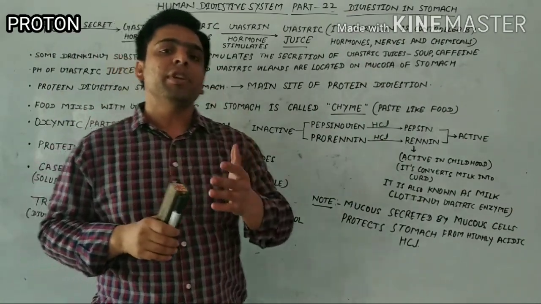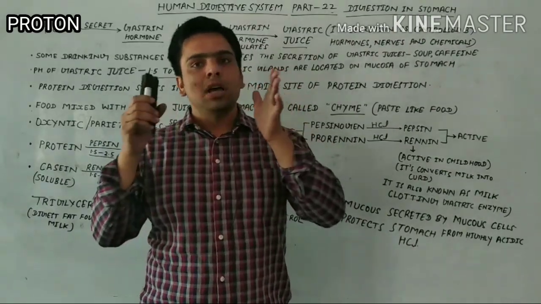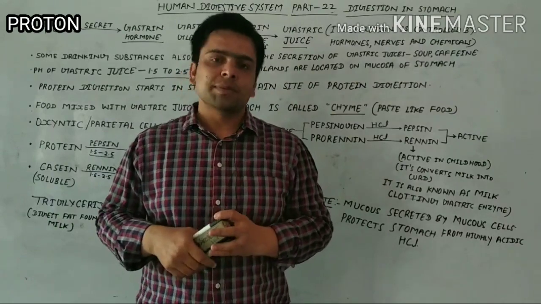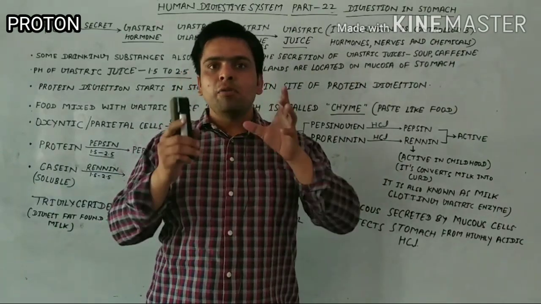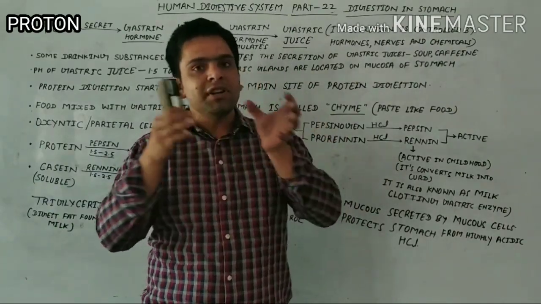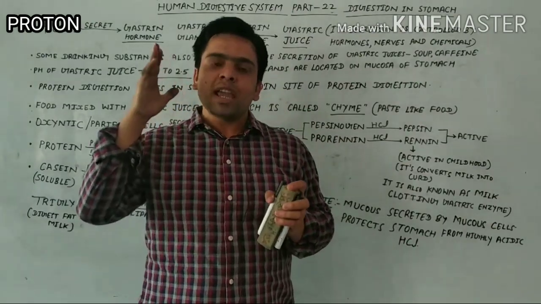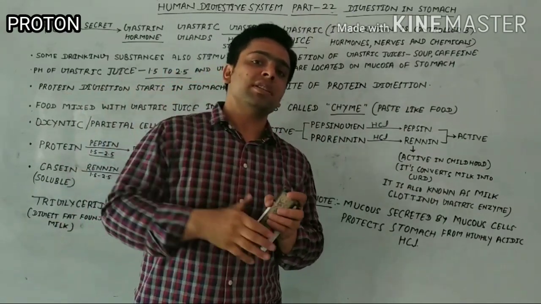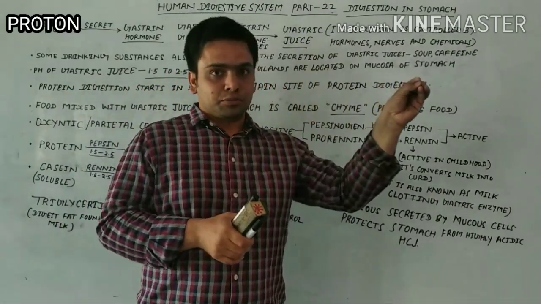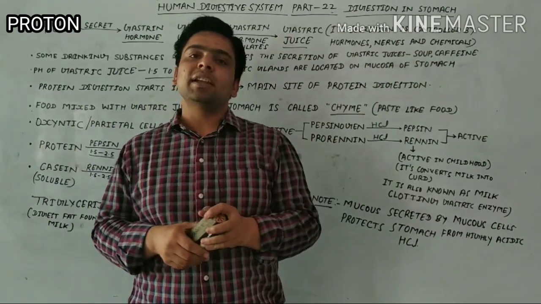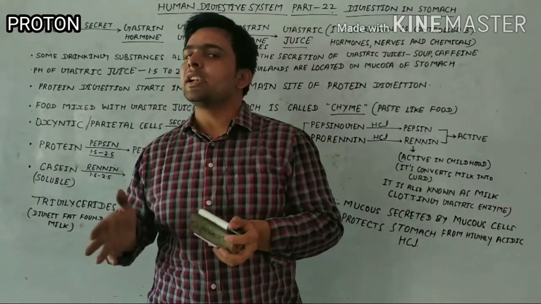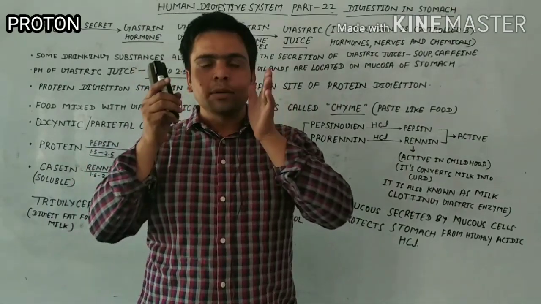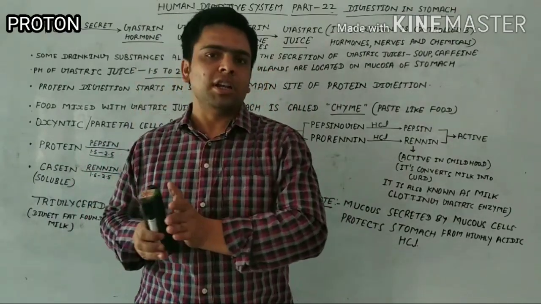Before that we will discuss some digestive enzymes which are secreted by our small intestine, by the pancreas, and some special juices which are secreted by the liver. We will discuss these before discussing the digestion that takes place in the small intestine.